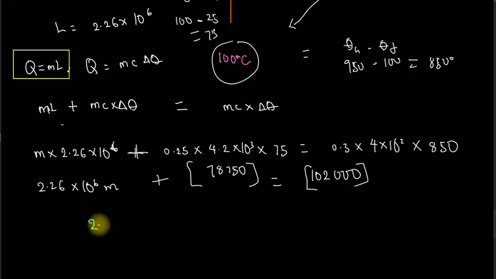So we're going to have 2.26 times 10 raised to the power 6 m is equal to 102,000 minus 78,750, and this is going to give us what? 102,000 minus 78,750 is 23,250.